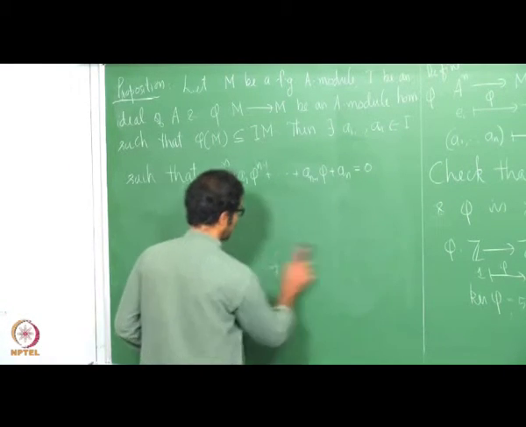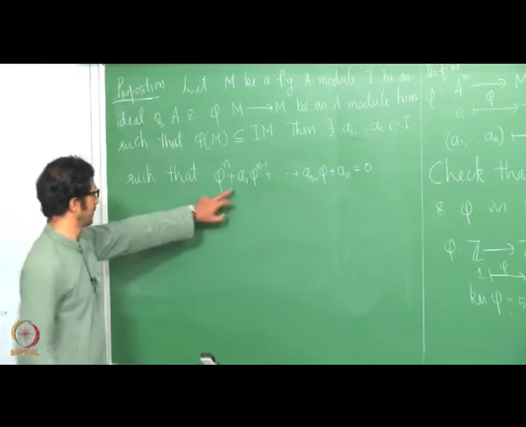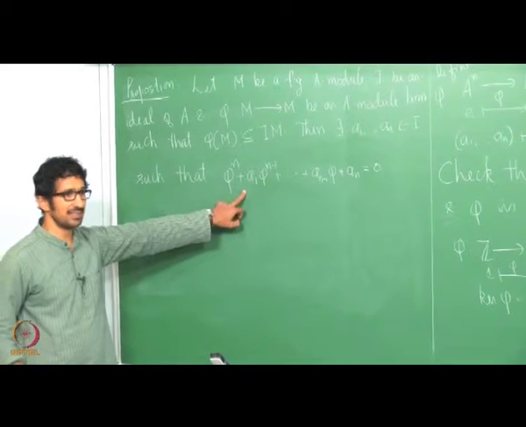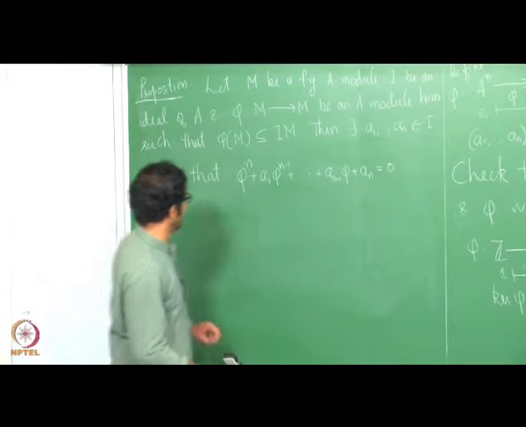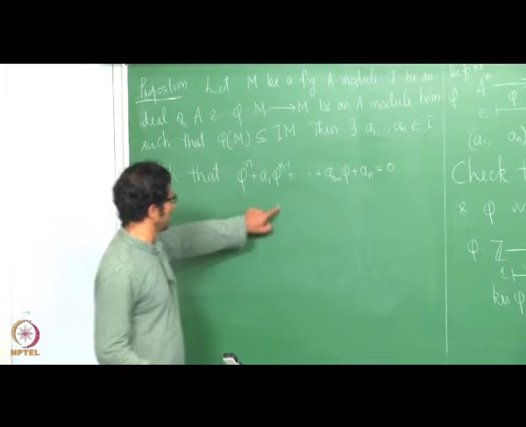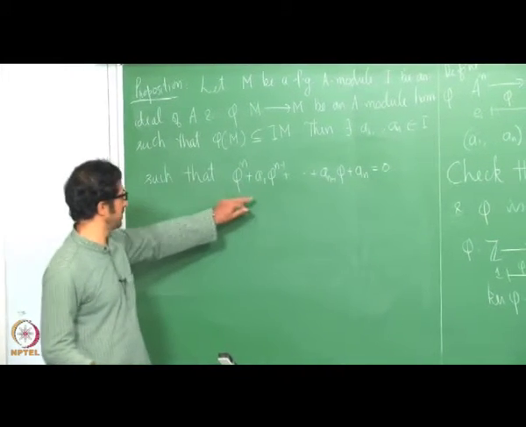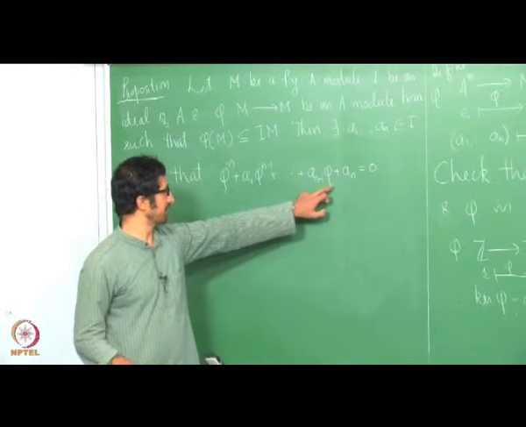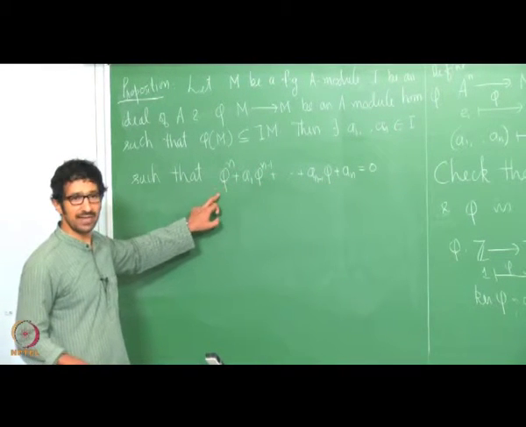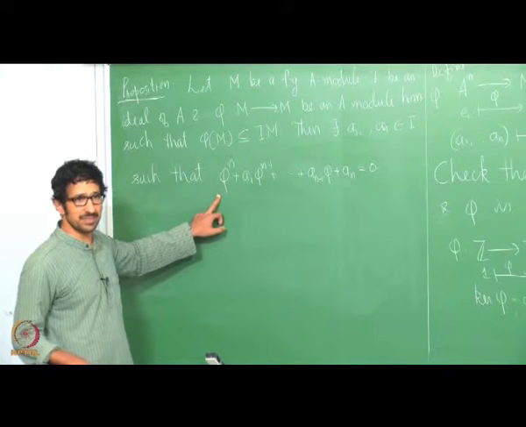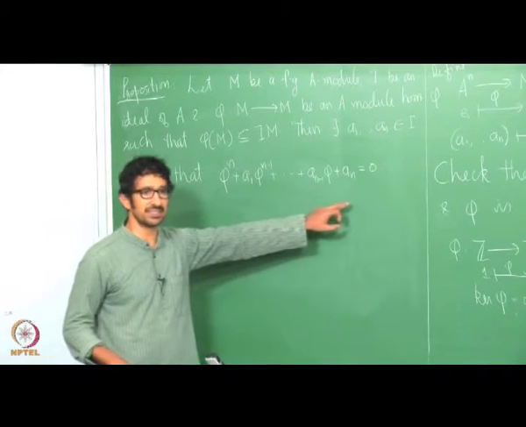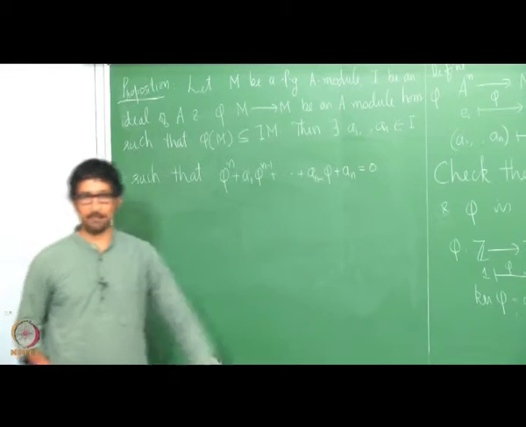Now what this says is that I get a linear combination of identity, phi, phi square up to phi power n in the endomorphism ring whose linear combination is the 0 map.